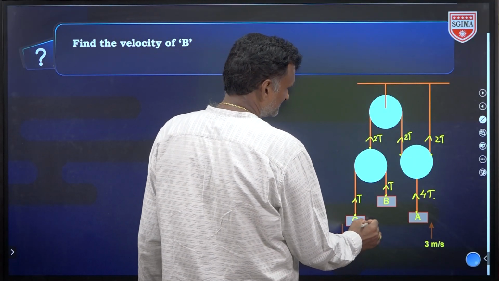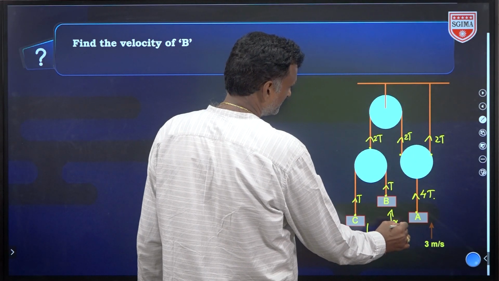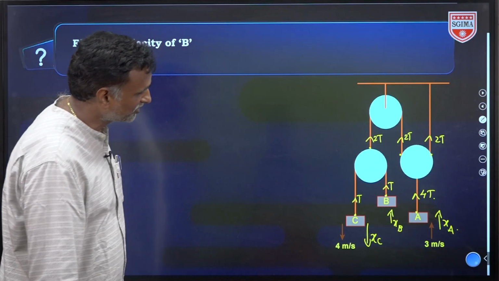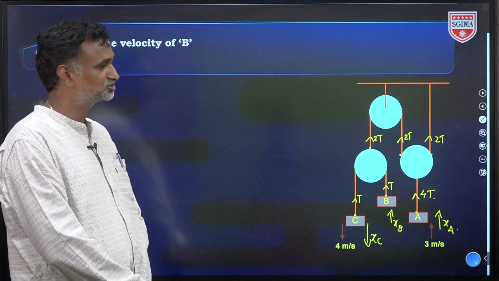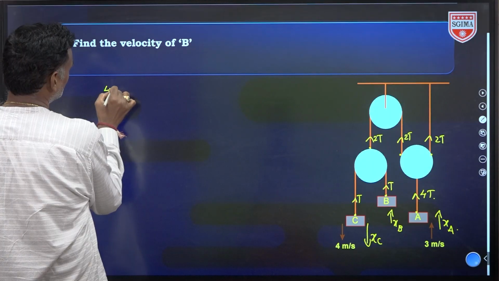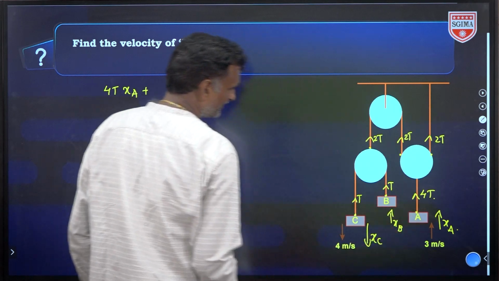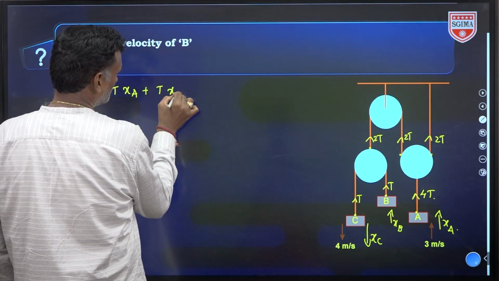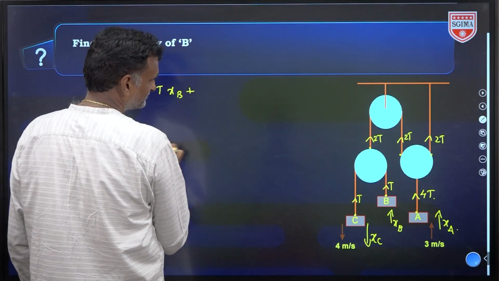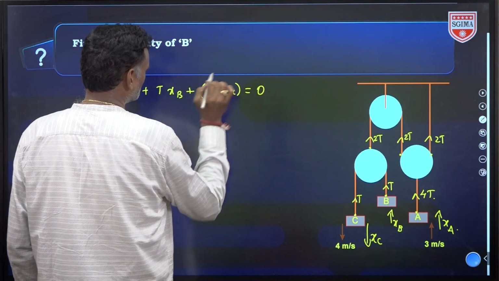So let us take its displacement downward as xc, and suppose I am taking its displacement upward as xb, and it is moving upward, they have given xa. Okay? Work done by the tension on all the blocks must be equal to 0. So 4T into xa, that is positive only because both are in the same direction, plus T into xb, I took upward, so plus, sorry, here it is minus T into xc equal to 0.